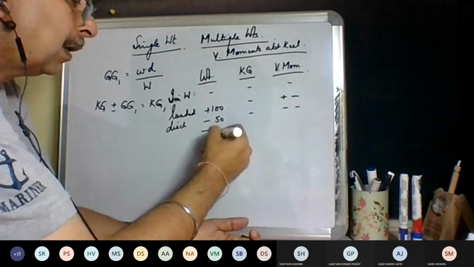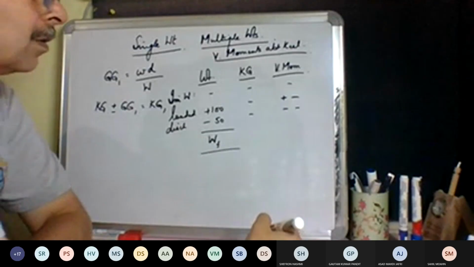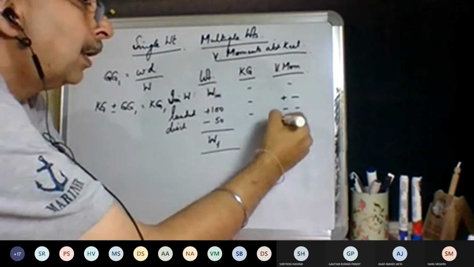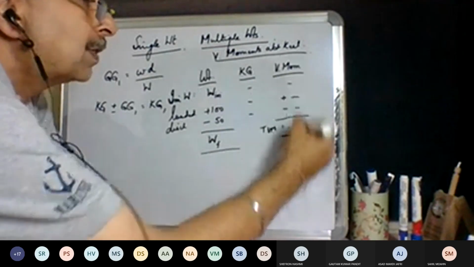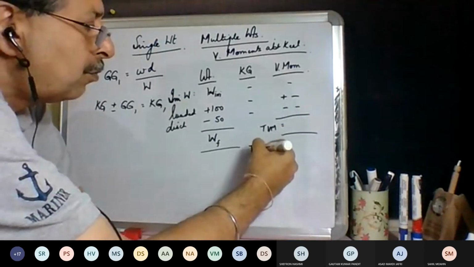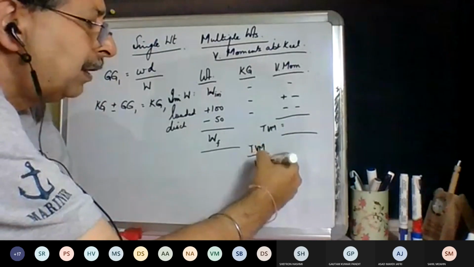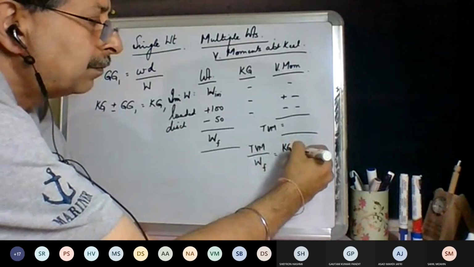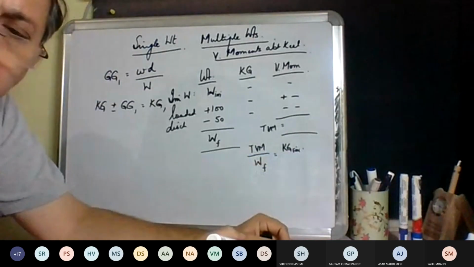This will give me my W final, where this is W initial, of course. And this will give me the total vertical moments, the sum total of all this. The total vertical moments divided by W final will give me KG final. That is the final KG of the vessel.